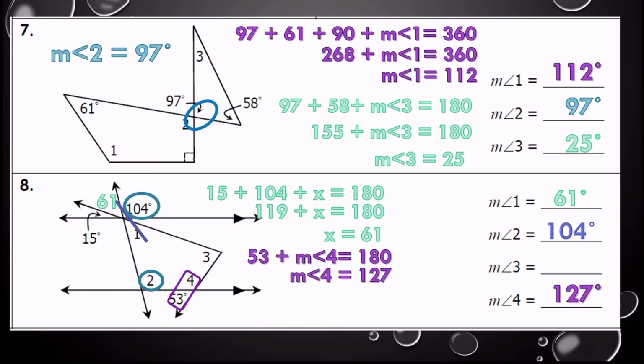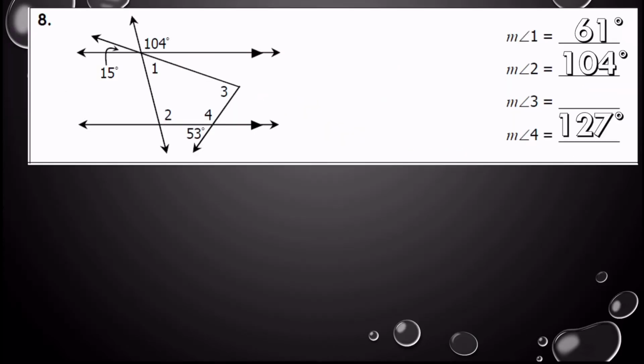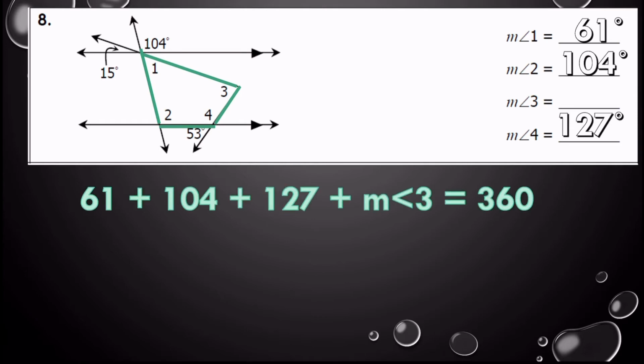Why did I go in this order of solving? Why did I find angle 1, 2, and 4 before I found angle 3? Well, right now, angle 3 has no relationship with anything but the fact that it is in a quadrilateral. Angle 3 has no other way of solving without me first finding 1, 2, and 4. So there I can do my quadrilateral steps.